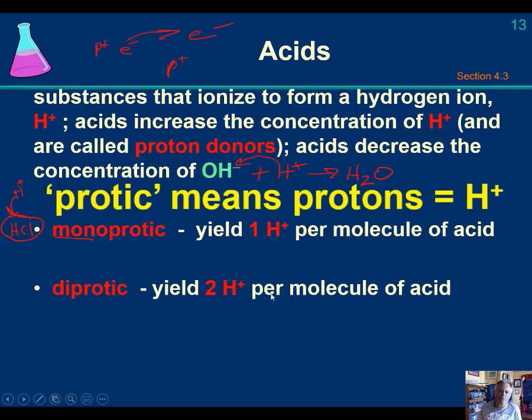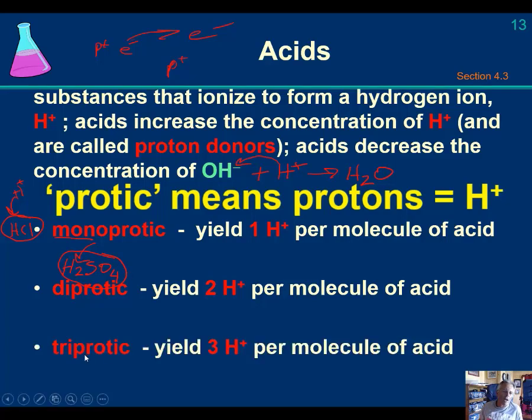It yields 2 protons per molecule of acid. And so for a diprotic acid, that would be something like H2SO4. Notice that for every one molecule of H2SO4, there are 2 protons that can be donated to the solution.